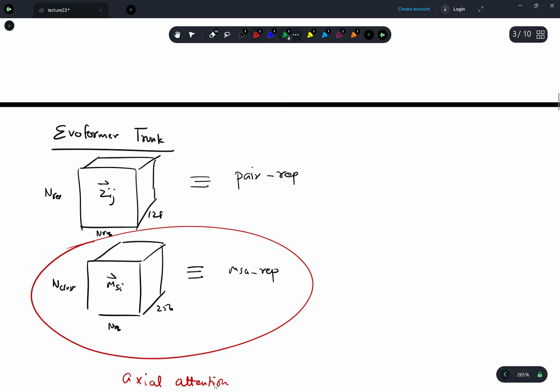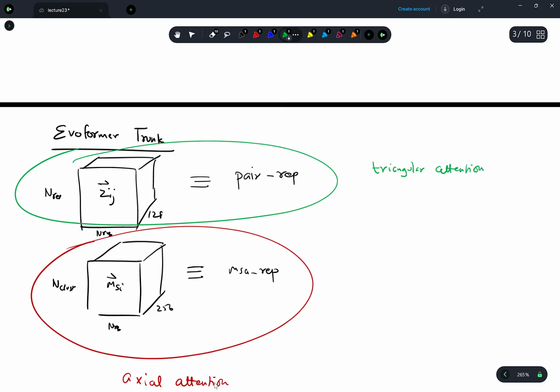Here you do what is known as triangular attention. And then you do multiplicative attention. And you do a third thing, which is the triangular multiplicative.